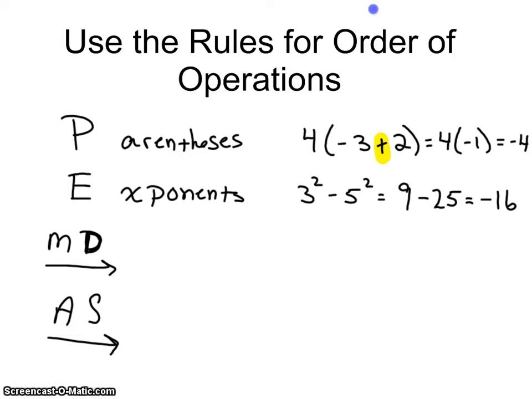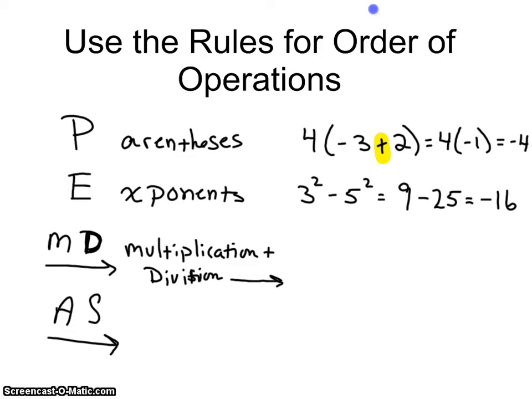Okay, now the MD is multiplication and division, but left to right. That's what that arrow is.